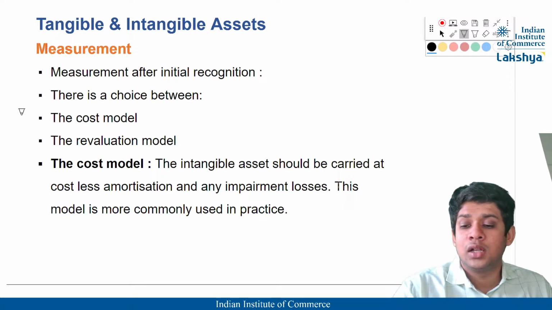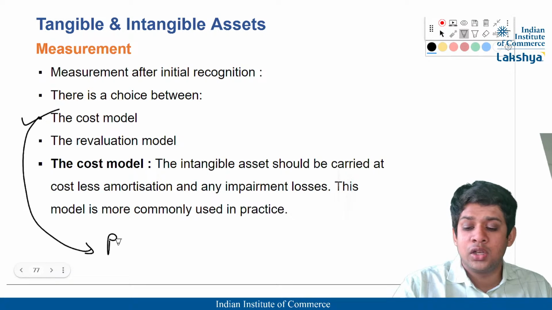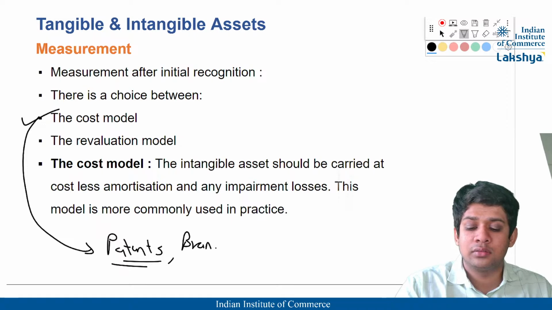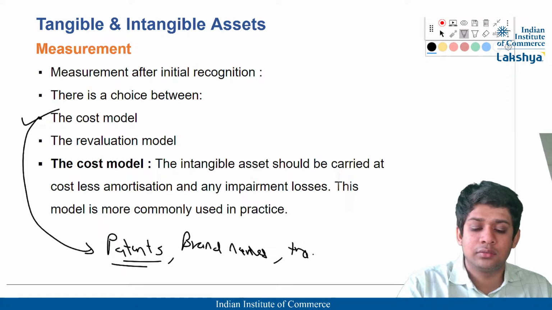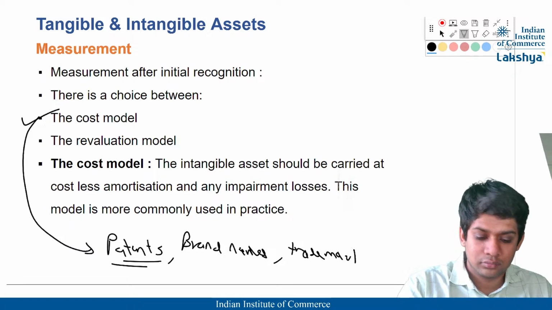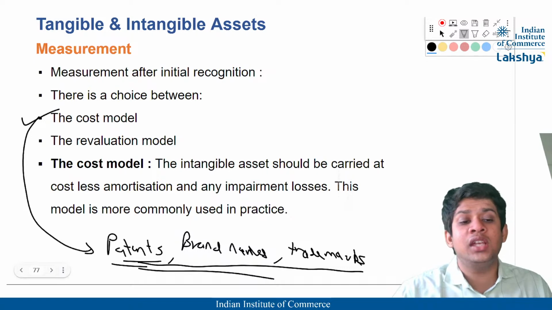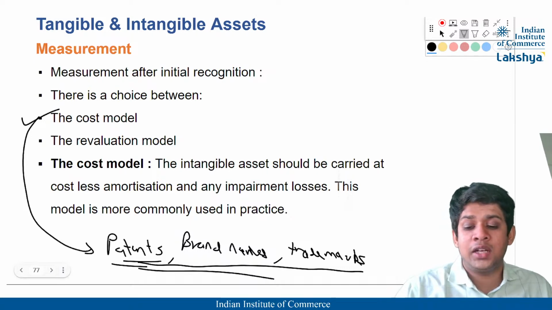But otherwise, the cost model will be used for all the intangible assets, because your intangible assets like patents and everything, patents will be under the cost model, not under the revaluation model mainly. Any brand names, trademarks, all these are actually unique in nature. Patents are unique.